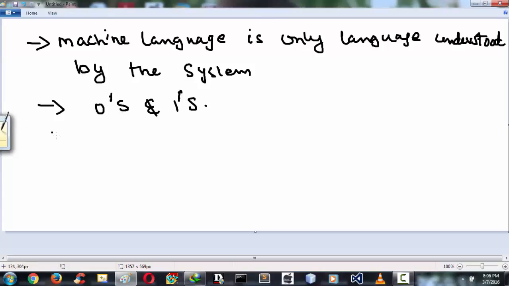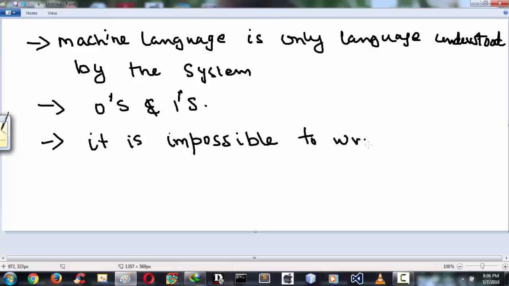For normal human beings it is impossible to write programs in machine language, because humans cannot interpret all those ones and zeros, it takes ages, and the length of the code increases dramatically. It's impossible to write programs in machine language.